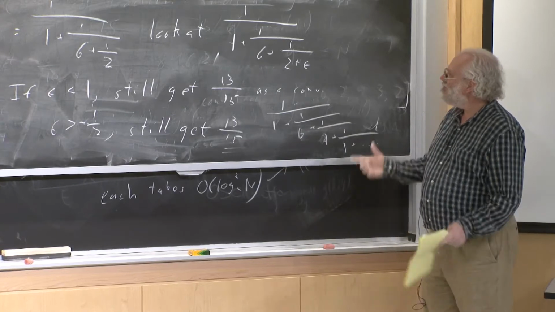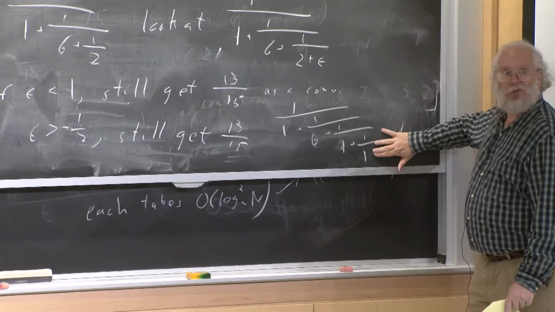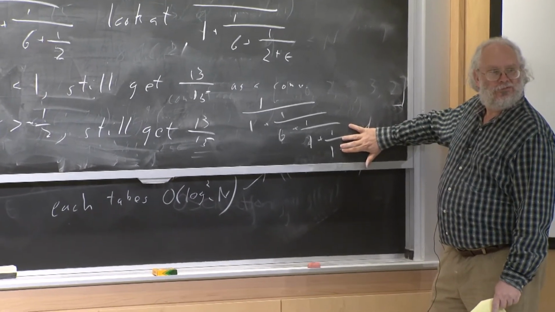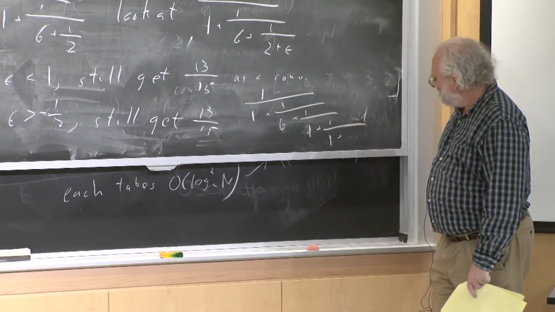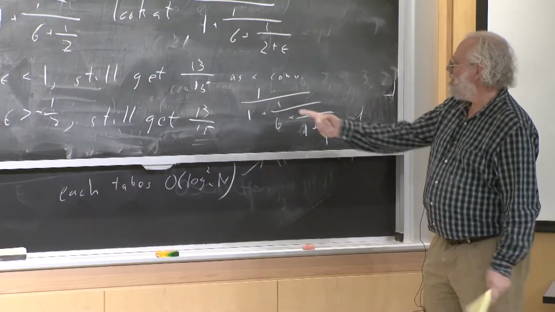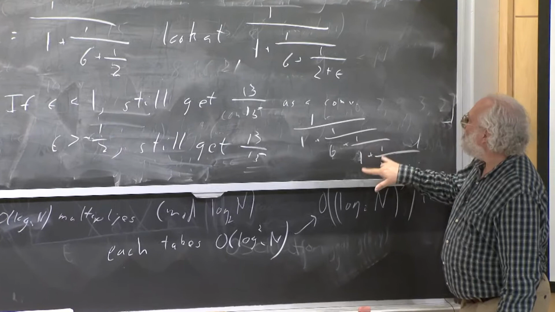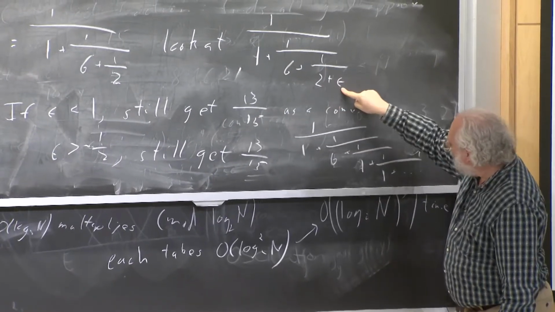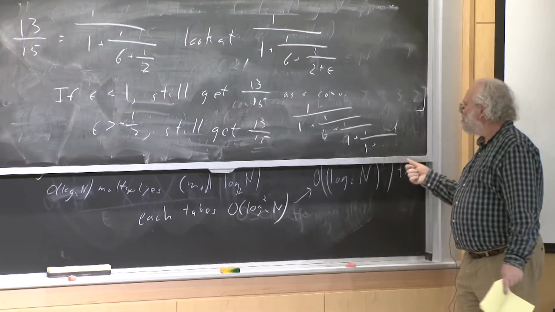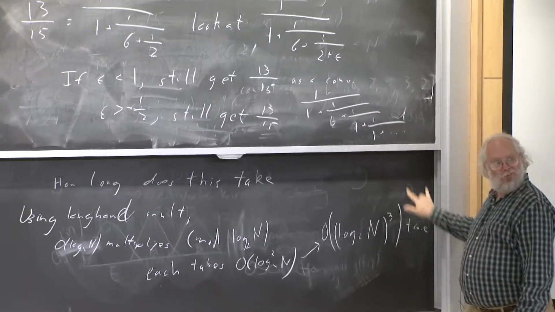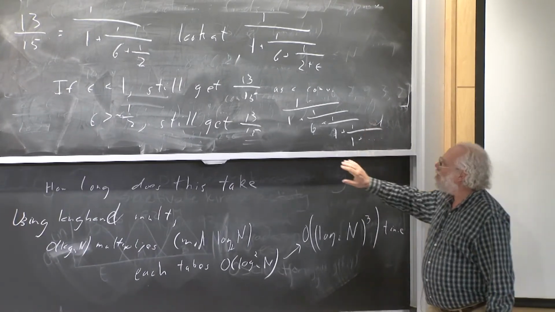So if you cut it off here, it's still 13/15. Is that clear? And why bigger than minus a half? Well, if what you had was 1 over 3 halves, it would be 1 over 1 plus 1 half, plus more terms, but we can ignore them because this is 13/15.